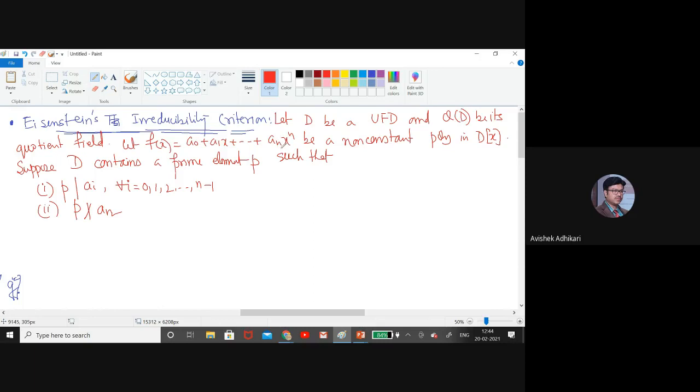Mind that that is the coefficient of the highest degree term, an, and P square does not divide a0. So P divides a0, but P square does not divide a0.